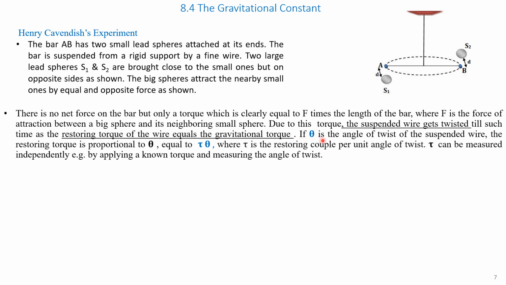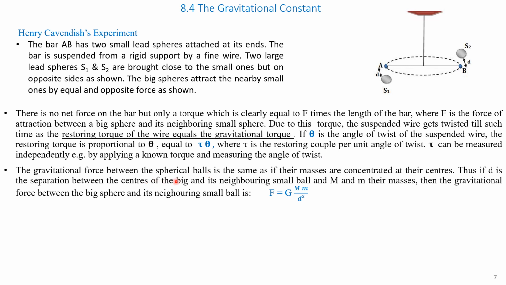If theta is the angle of twist of the suspended wire, the restoring torque is proportional to theta. That is, the restoring torque equals tau theta, where tau is the restoring couple per unit angle of twist. Tau can be measured independently, for example by applying a known torque and measuring the angle of twist. So if we apply a known torque, we will get a standard twist which can be measured.